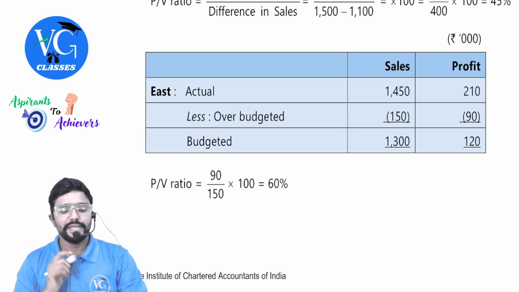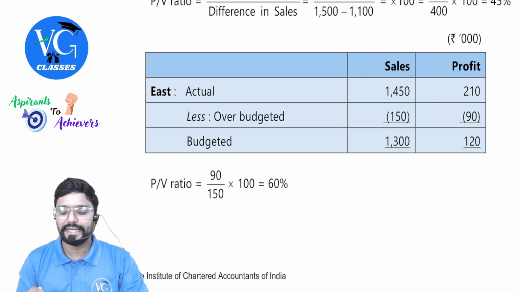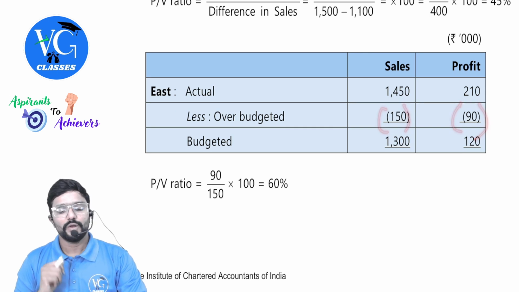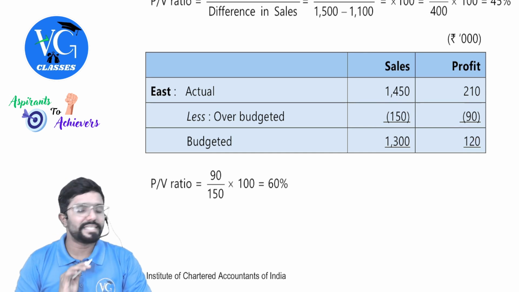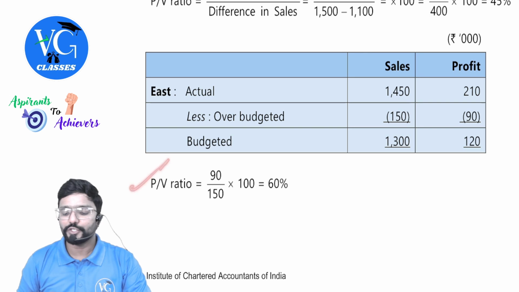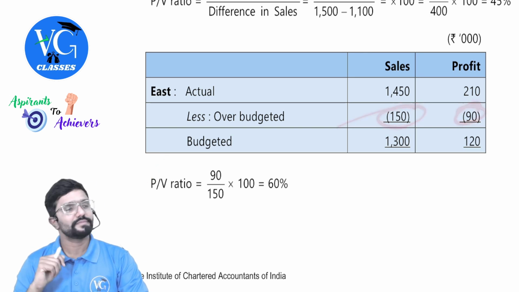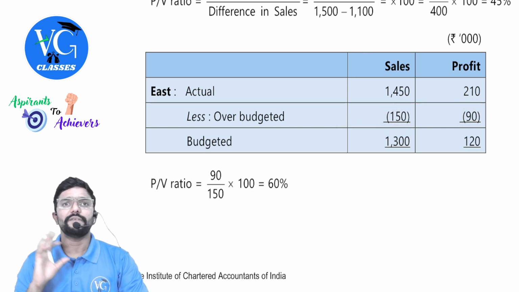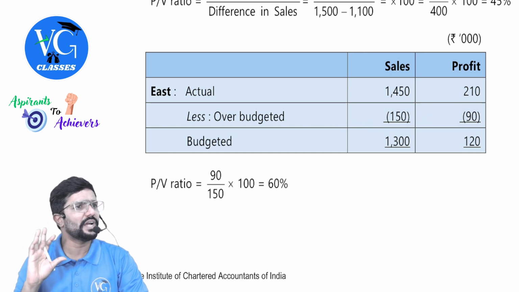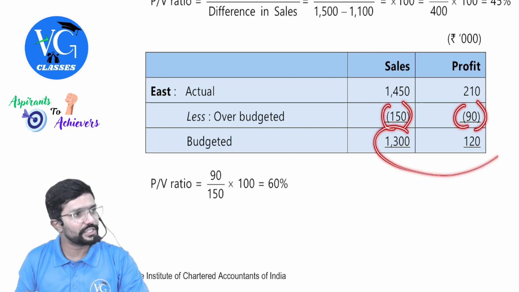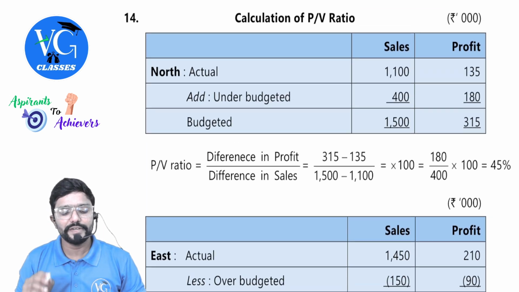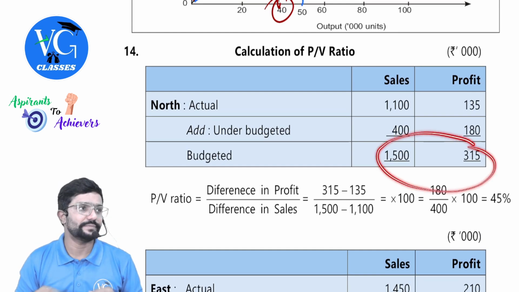Then coming to east, same thing you do, guys. Here it is over budgeted, so what do you do? Deduct. Actual minus over budgeted will be budgeted. PV ratio is 90 by 150. Don't worry about minus and plus signs here. If it is over budgeted, deduct, and you will get budgeted. Whereas if it is under, you do addition.